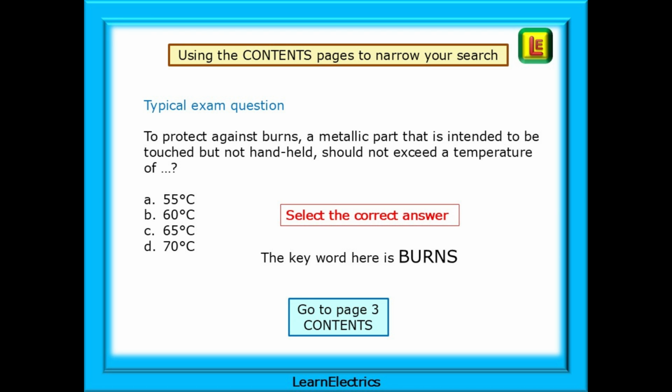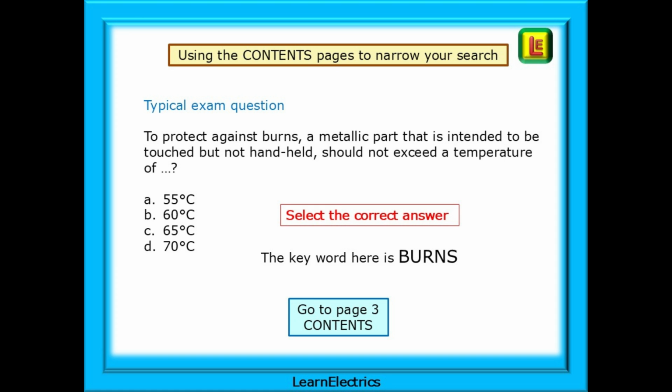Using the contents pages will help you to home in on the correct page very quickly. No need to randomly flick through the book in the hope that the book will fall open at the correct page. Look for the keywords in the questions. What is the question actually asking you? In this question, how do we protect against burns? So burns is a key word.